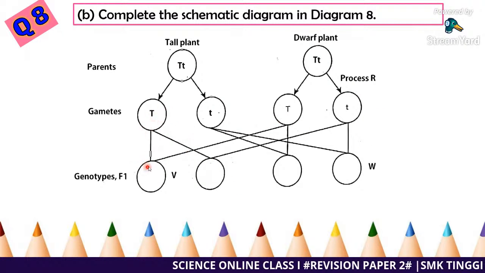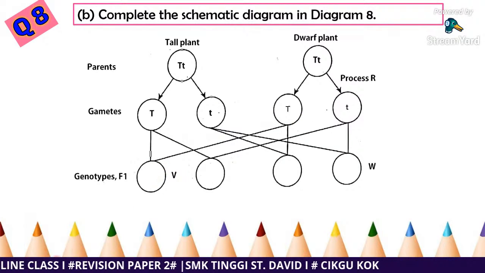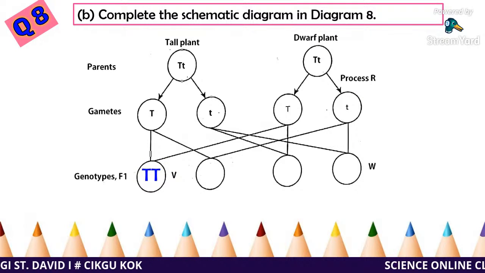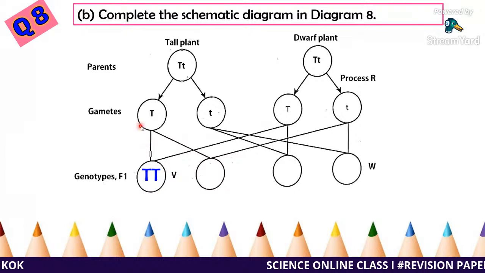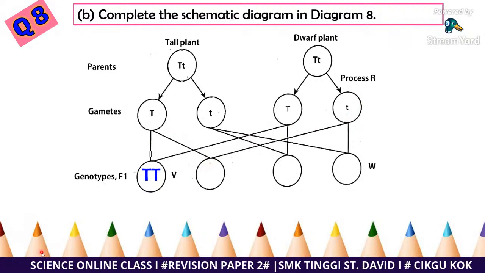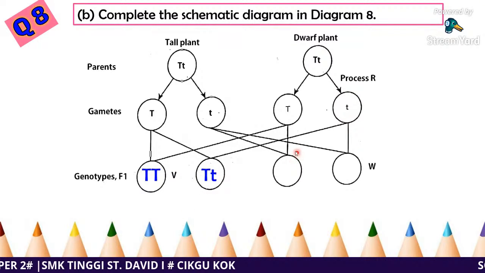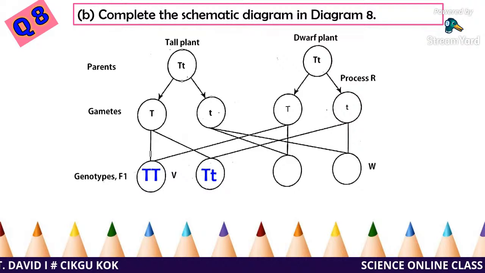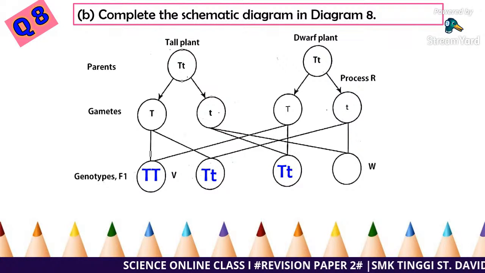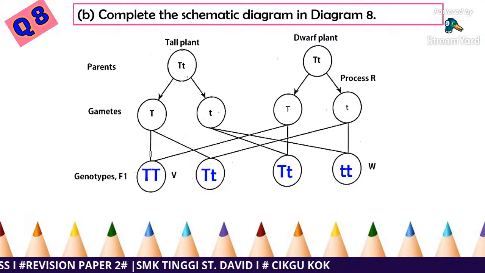The first T will come out, then you go to another part and take the other first T. So the first one produced is capital T, both capital T. The second one takes the capital T from here, then the small t comes in, so they become dominant and recessive. The third one is also the same, dominant and recessive. And the last one, both are recessive.